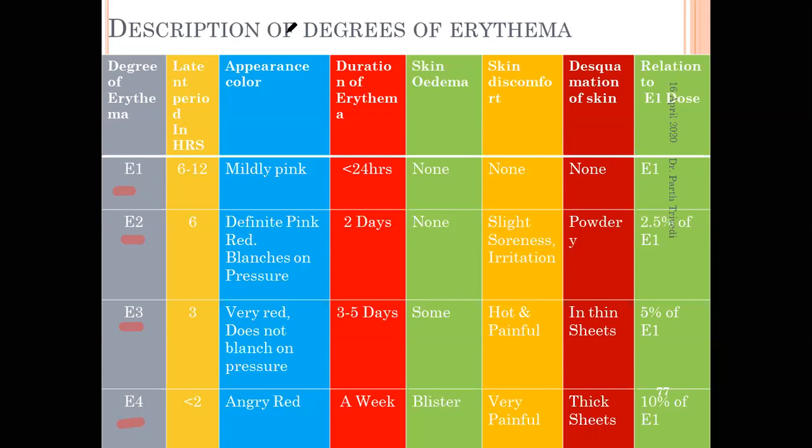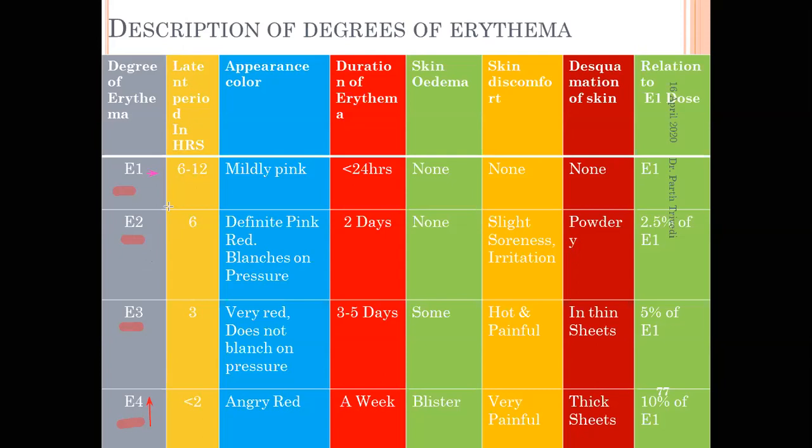I will denote it with a pink color. E4 is the highest, so this is denoted by red color, and minimal erythemal dosage is denoted by a pink color arrow. So this is the lowest.